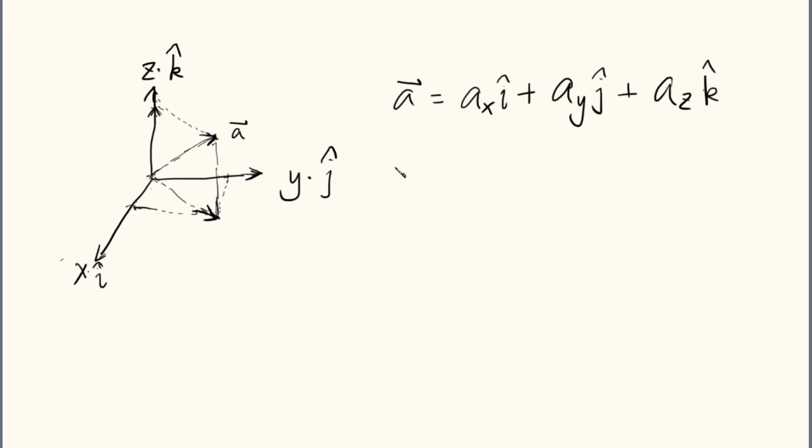Okay. So this is any vector in space along axis X, axis Y, and axis Z. We can form any vector using these three axes.